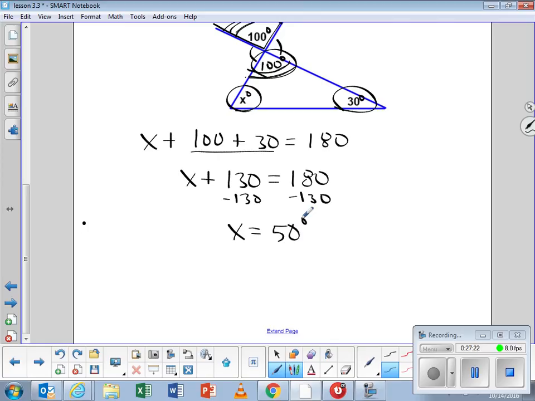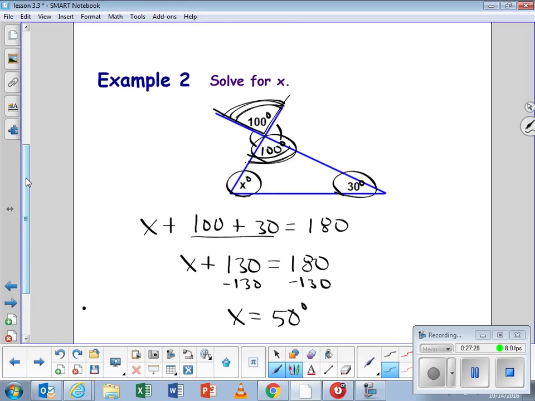So, in this problem, people tend to make a mistake. That's why I have it as an example. I don't want you to fall for it. What would be wrong, I'll do it in red because it's wrong. People have a tendency not to make this connection right here, and instead they say x plus 30 equals 100.